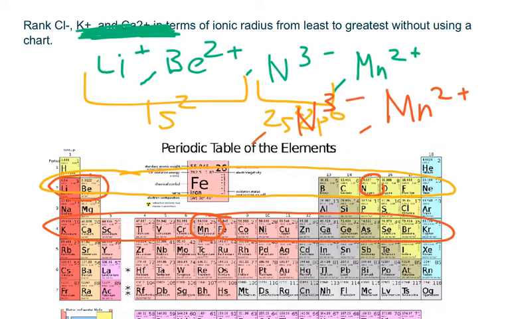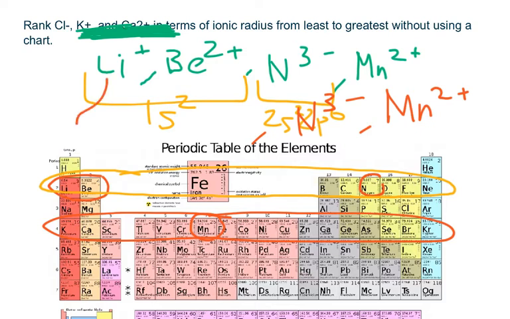Now, what about the last two? How can I tell whether lithium plus or beryllium 2+ is larger? Well, we can rely on something called the effective nuclear charge. How does it work in this case? The effective nuclear charge is just the number of protons minus the number of core electrons.